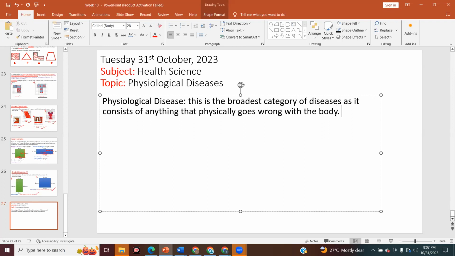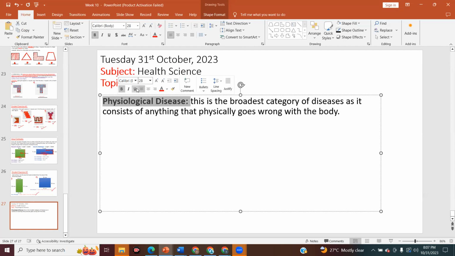All right. So anything that could physically go wrong with the body, we call that, it can be under the category of physiological diseases. It's very broad, all right?